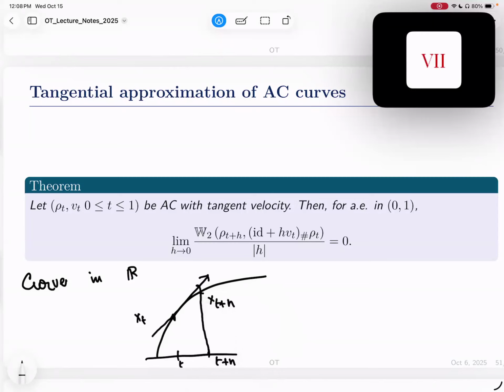And what is the value of the tangent here? The value of the tangent is x of t plus h times the velocity, the v vector that we get from this tangent, the slope. Right?